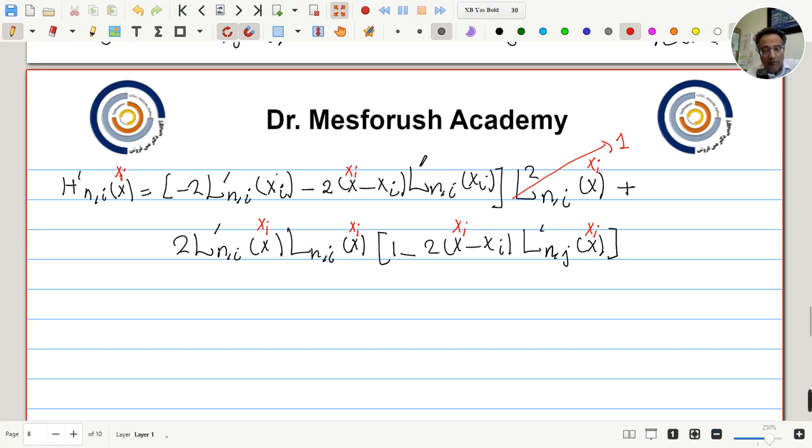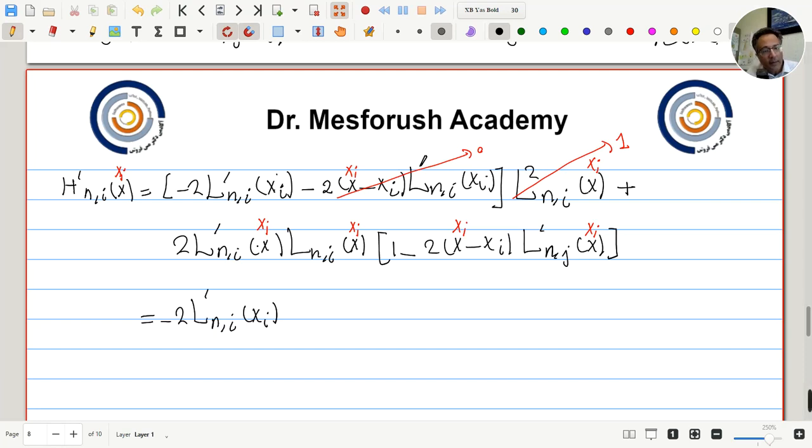This should be 1, and this will be 0. So from the first part it remains just minus 2l prime n and I at xi, correct?